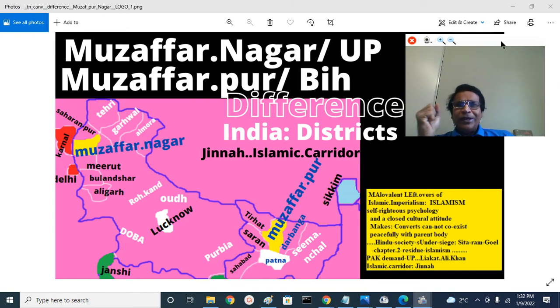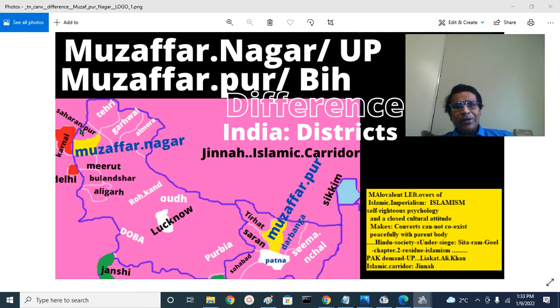To put things in the proper context, here I have given the map of the United Provinces and parts of Bihar. We have the Delhi districts here, then the British Punjab districts of Karnal, and the Kumaon region here, and the Garhwal region, Nainital, Almora, Garhwal, Tehri Garhwal, Uttarkashi here, and Lahul and Spiti somewhere here.